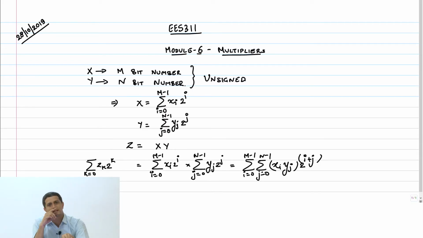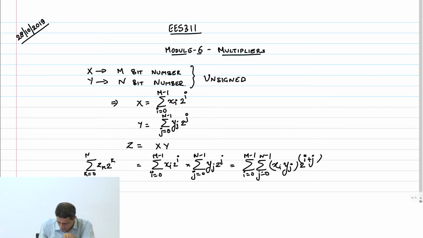And what will be the maximum value? m plus n minus 2. But you will find that there is also a carry that comes because you are doing an addition, and you could get at most one extra bit there.